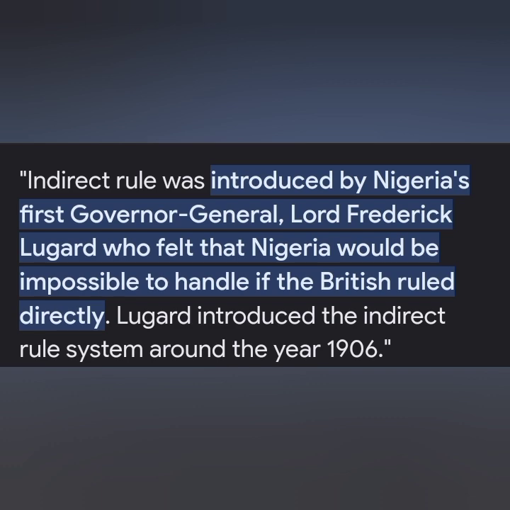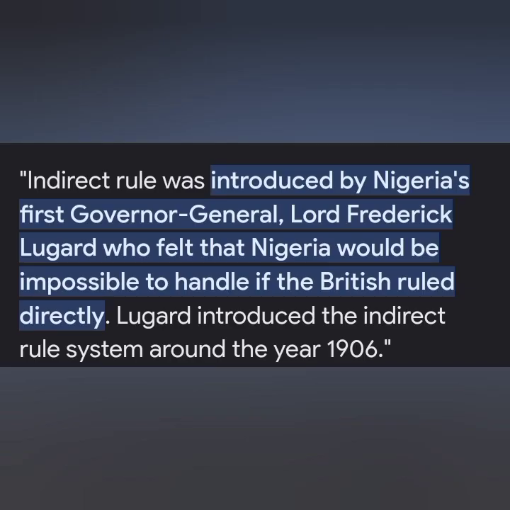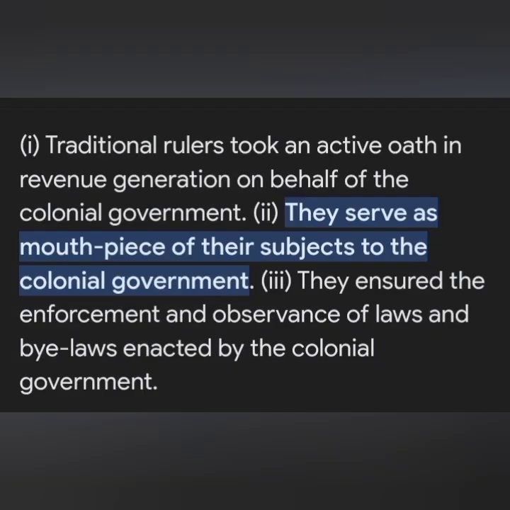When we are talking about the system of indirect rule, it was a system of government adopted by the British to rule or govern Nigeria by making use of the traditional rulers. As far as this system of government is concerned, the British did not control the affairs of Nigeria directly. Instead of doing that, they appointed the local chiefs, like the warrant chiefs in the east, the emirs in the north, the obas in the south and the obas in the west, to govern their own people.